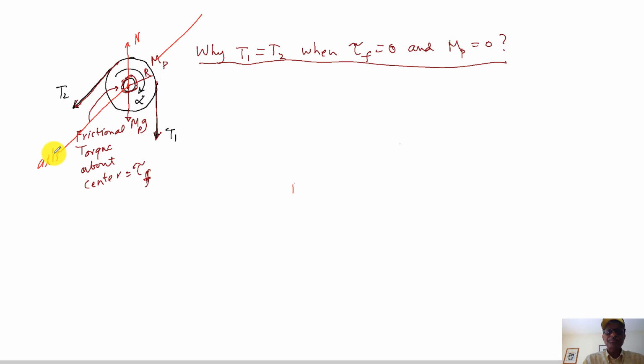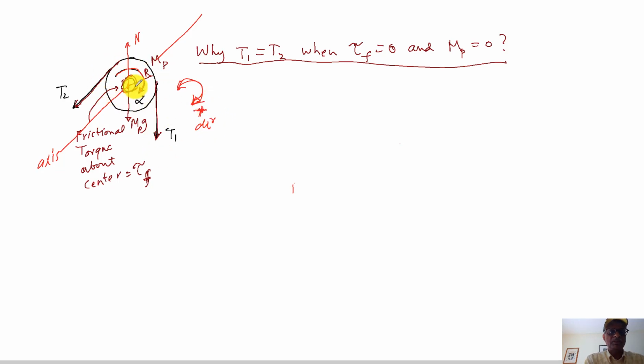Okay, so if you write the torque equation, say counterclockwise is positive torque. Let's take the direction it was going as the positive direction.